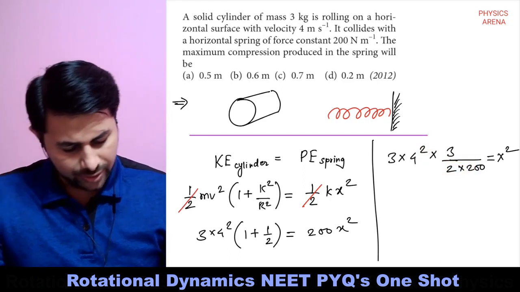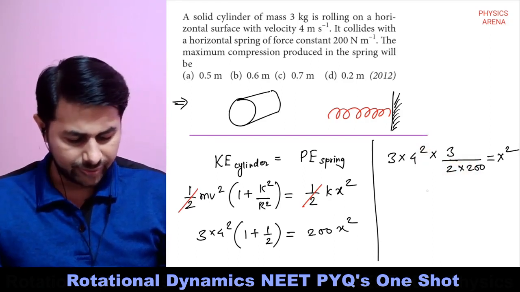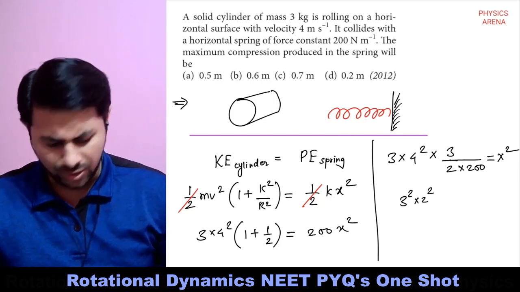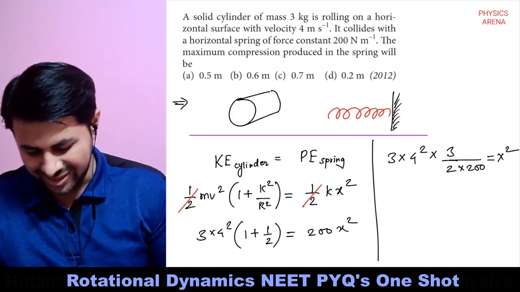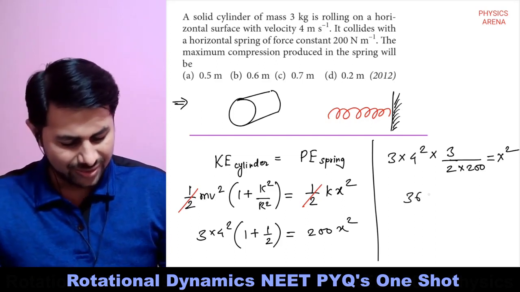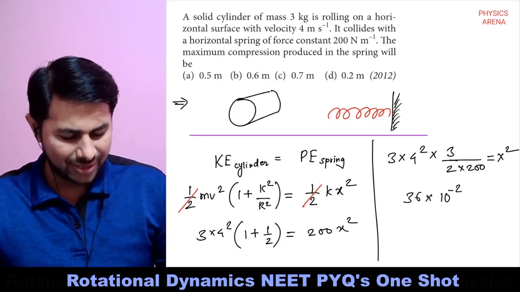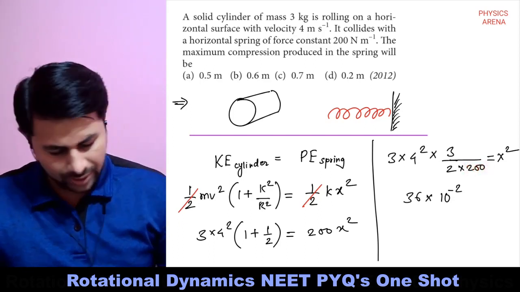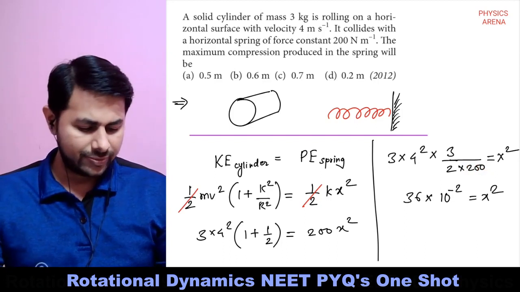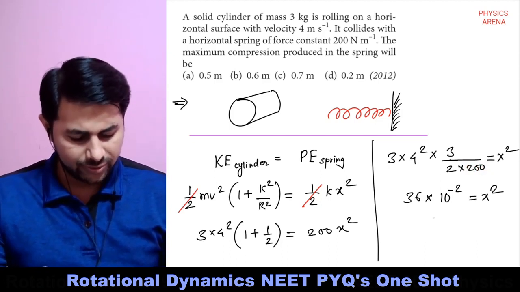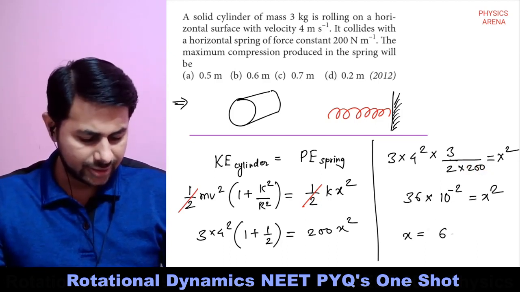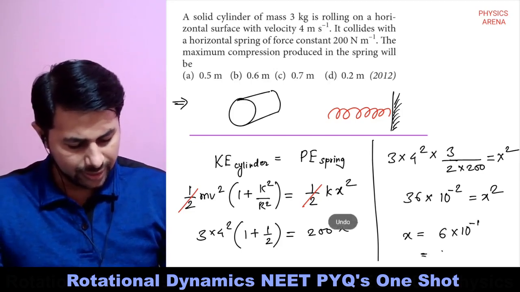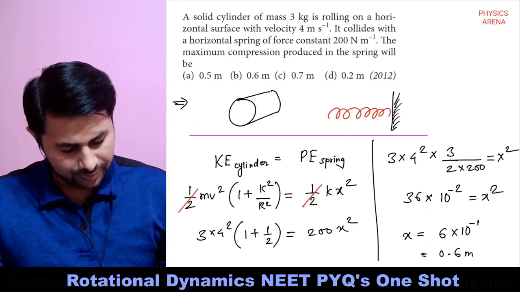So we have 3 square times 4. 3 square multiplied by 2 square we can say. Or okay, it is 9 times 4, 36 multiplied by 10 raised to minus 2 because there is this 100 in denominator. Okay. So this is equal to x square. We want x, so it is square root of that. So it is 6 multiplied by 10 raised to minus 1. Okay. That is 0.6 meters.